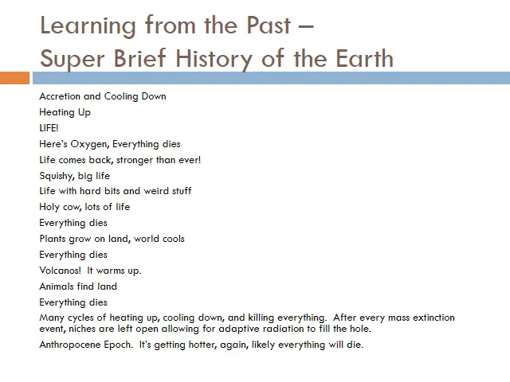Everything dies. And then, to fill the void that was left, you get what's called adaptive radiation, which is absolutely on that test that's coming up. Adaptive radiation then fills all of those empty niches. This happened many, many times.